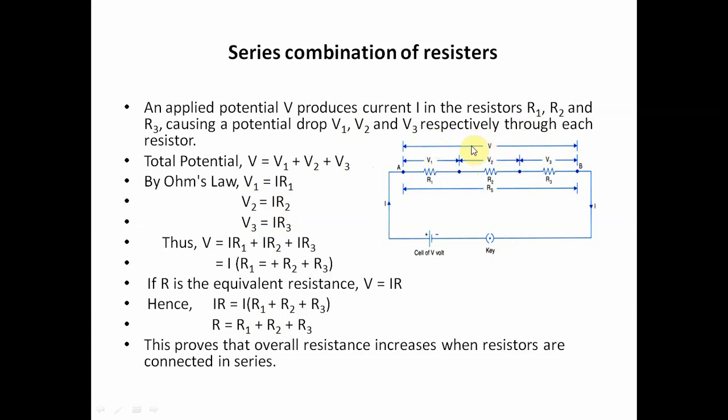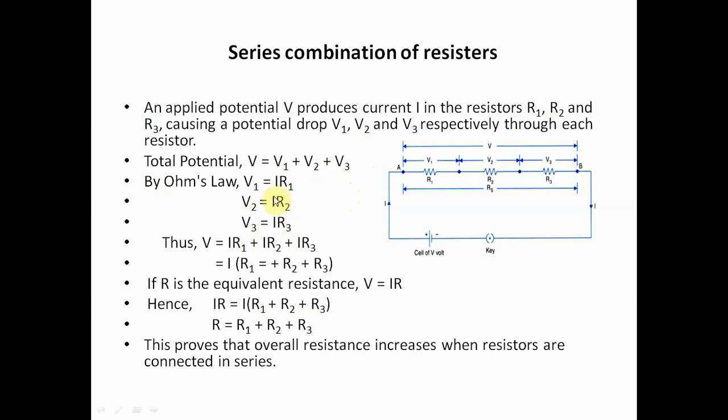Now what will be the total potential? Total potential is equal to V1 plus V2 plus V3. By Ohm's law we know that V is equal to IR, so V1 is equal to IR1, since current is the same throughout all the resistors, V2 is equal to IR2, and V3 is equal to IR3.